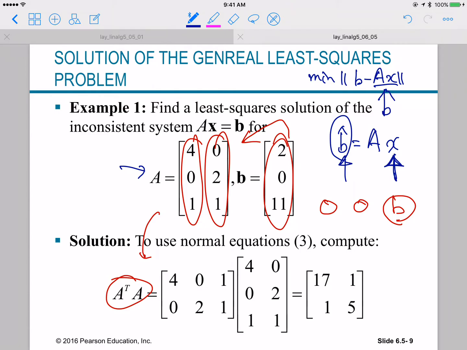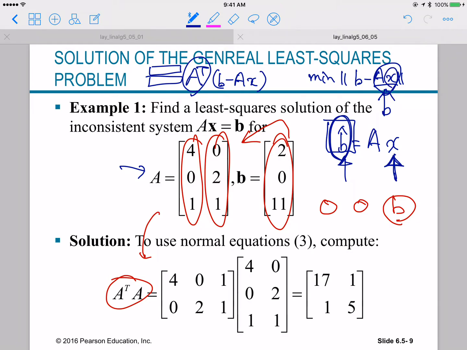So here, did we explicitly obtain B hat? We didn't, because we just replaced B hat by AX and then constructed the normal equation with B minus AX, and then A transpose, which has the columns of A as its rows. That's how we constructed the normal equation, and that's how we solved for X.